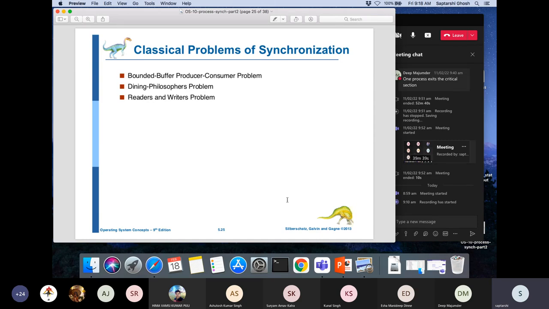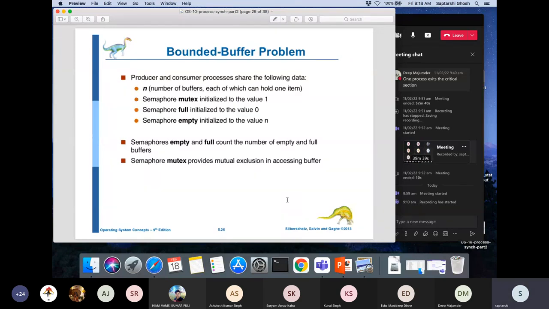So let's understand. The first one we have seen earlier, but let's see still. The bounded buffer producer-consumer problem. There is a buffer of a finite size. A producer or multiple producers want to write to it, and consumers want to read from it.